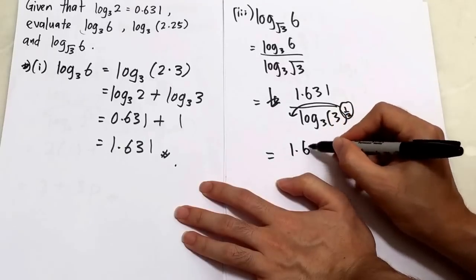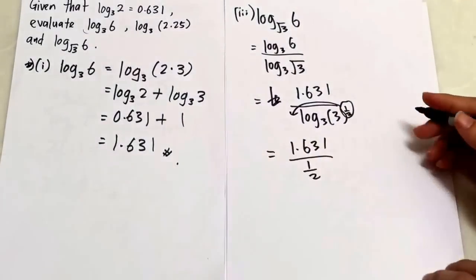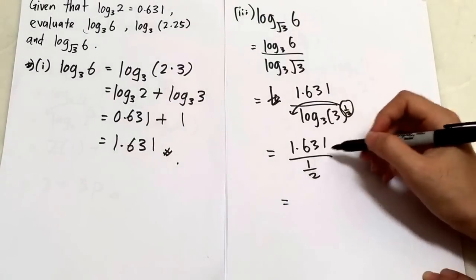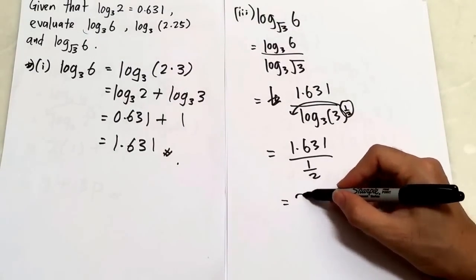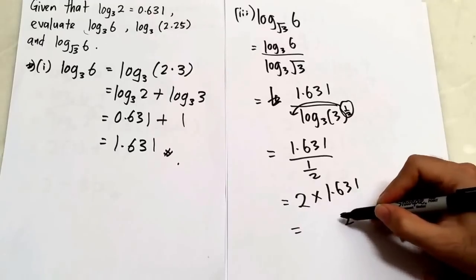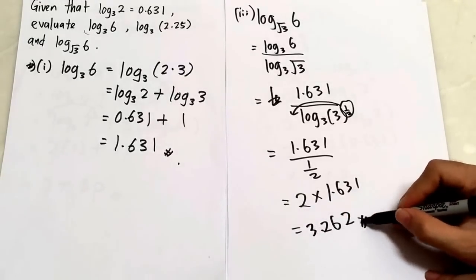It becomes 1.631 over 1 over 2, because log base 3 of 3 gives you 1. Dividing by 1 over 2 means the whole thing multiplied by 2. So you will have 2 multiple 1.631, which gives 3.262. I think this is the answer.